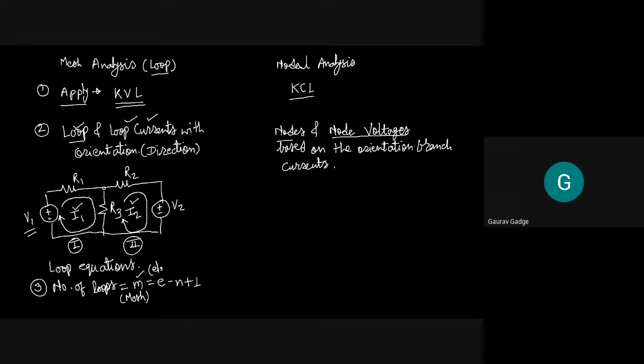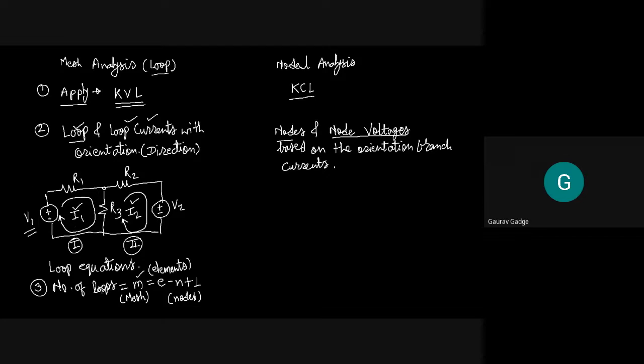E indicates elements. N indicates number of nodes. Very good. So through mesh, elements, and number of nodes we can find out the number of loops present in the circuit.